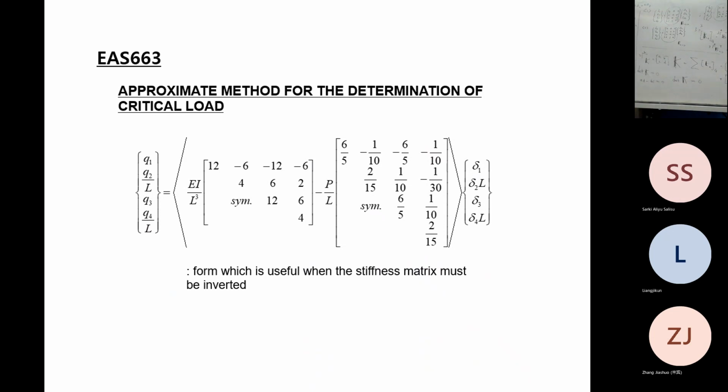Other than that, this matrix method is not that complicated, but very tedious. It is suitable for computer use.